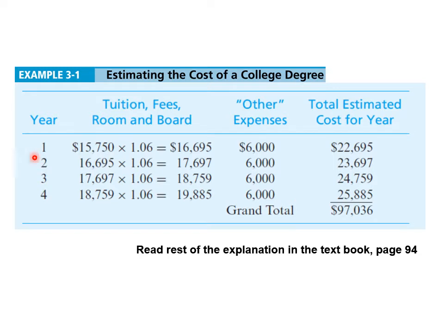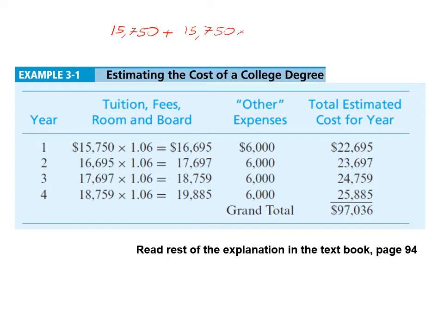Simply, you can consider each year one at a time. For year 1, the current cost was this, and for year 1 it will increase at a rate of 6%. So it means that $15,750 will be increased by 6%.